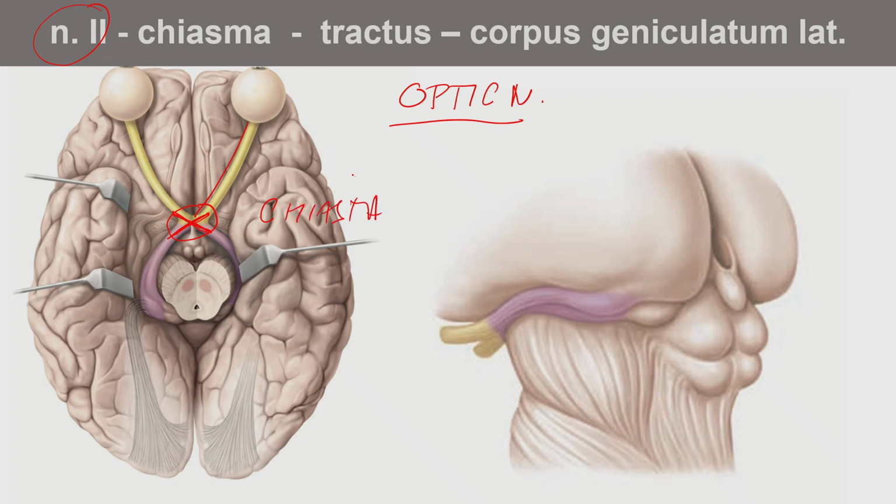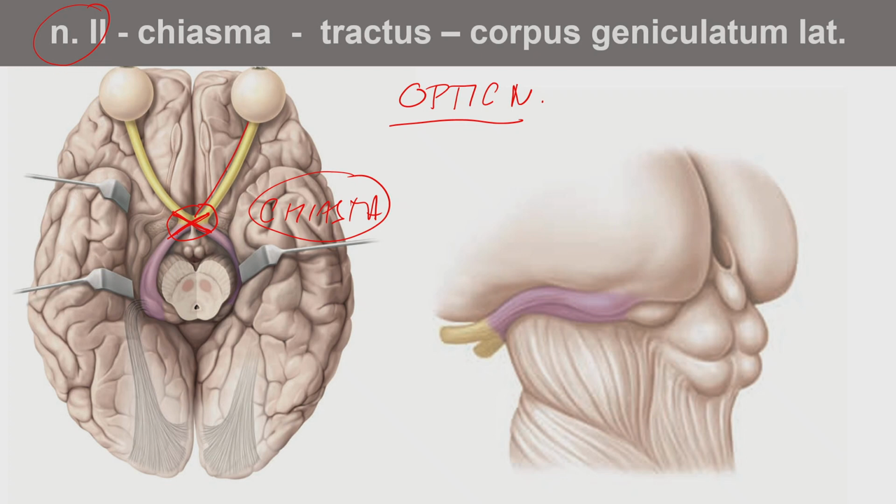Chiasma is a part where parts of fibers are crossing and the others remain not crossed. Why is it partially crossed and partially not? Because here the fibers from the visual field are crossed.